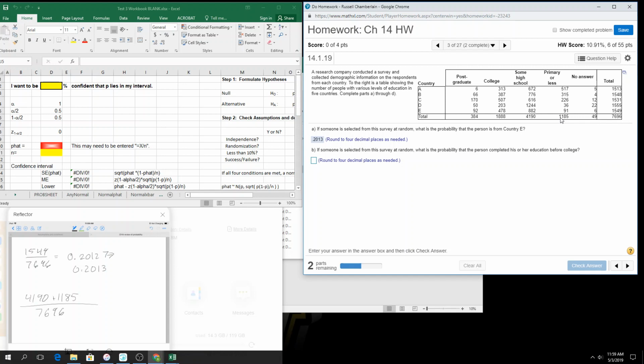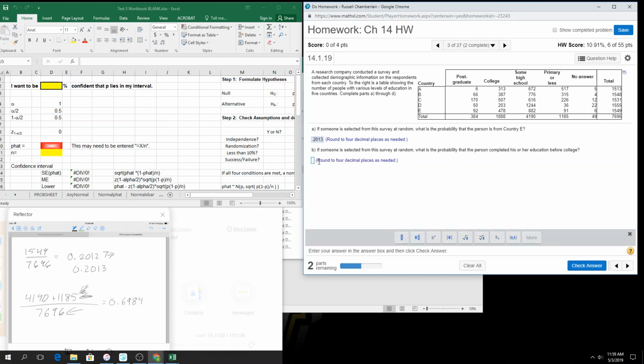So the number of possibilities getting the outcome I care about, right here, and the number of outcomes at all. Okay, so 4190 plus 1185, divide that by 7696. And I'm going to get 0.6984. And the next digit's a 1, so that's my round.